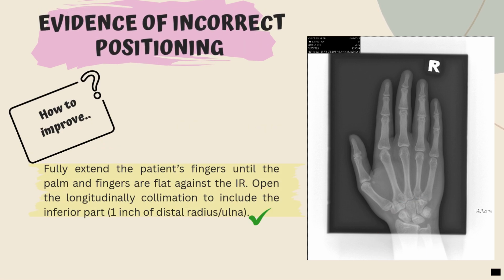The position can be improved by fully extending the patient's fingers until the palm and fingers are flat against the IR. Then, open the longitudinal collimation to include the inferior part, about 1 inch of distal radius and ulna.